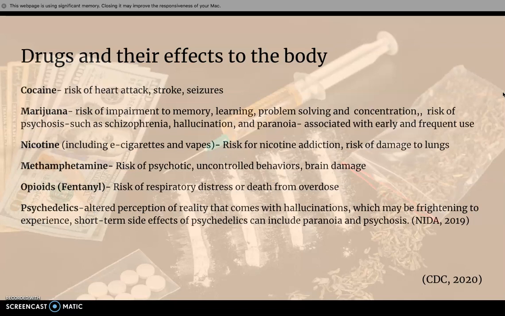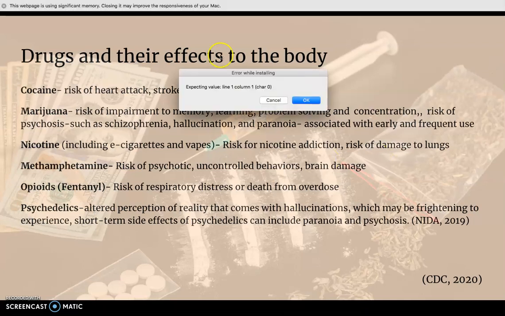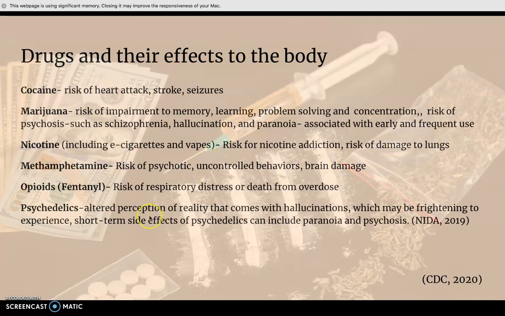They have lung damage, and it's just a habit that should not be formed, and it's something that is very dangerous.